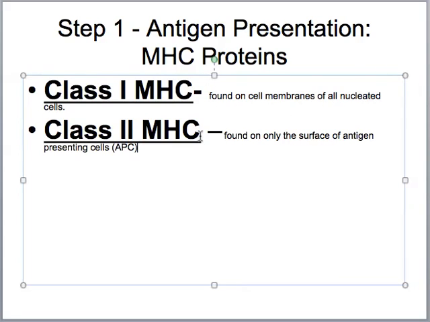The class 2 MHC proteins are different. These are found only on the surface of antigen-presenting cells, or APCs, which would include macrophages and dendritic cells.